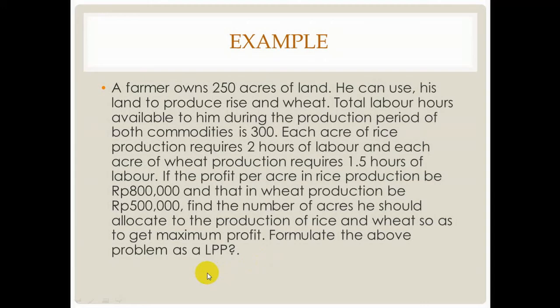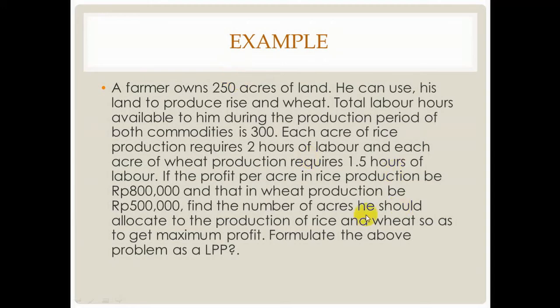So from here, we have two things, rice and wheat. You can let rice be x and wheat be y, and the farmer has a total of 250 acres, right? So it's impossible to have more than 250 acres. And the total labor for the production of both commodities is just 300 hours.